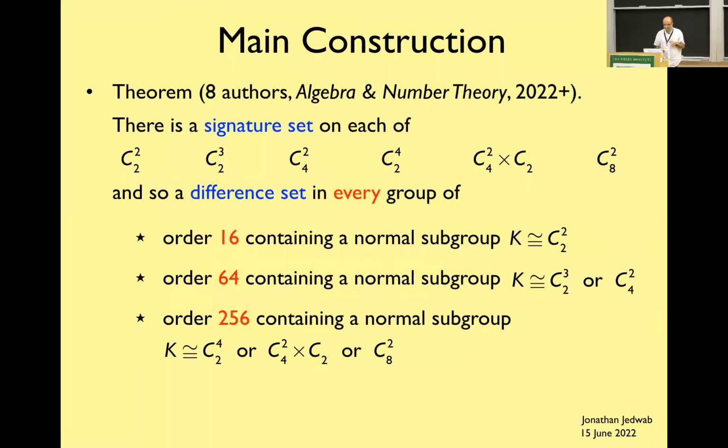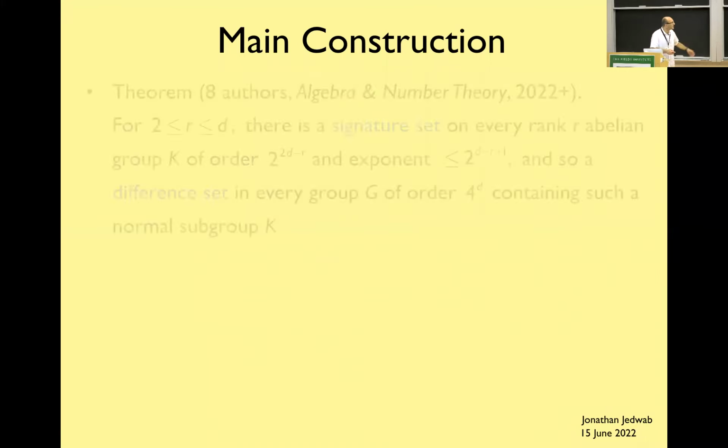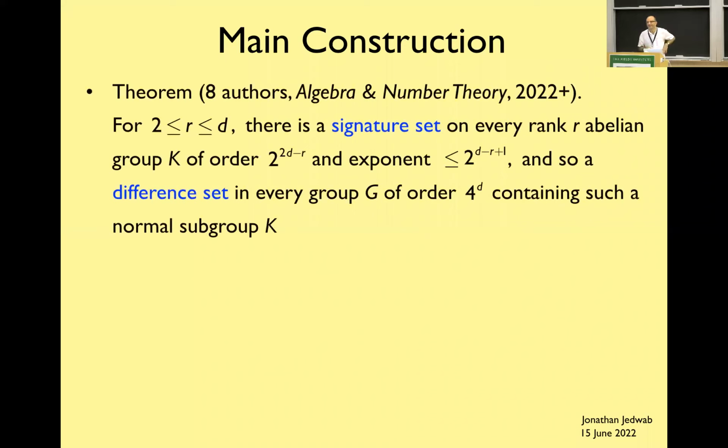Okay? And we can go on. There's a theorem, I'll show you it. We don't need it right now, but if you ask, did you only go that high? No, there's a general theorem. It says, signature set on all abelian groups that have this kind of rank and this kind of exponent. And therefore, any group of the appropriate order that contains one of them as a normal subgroup has a different set. Kind of obvious generalization.